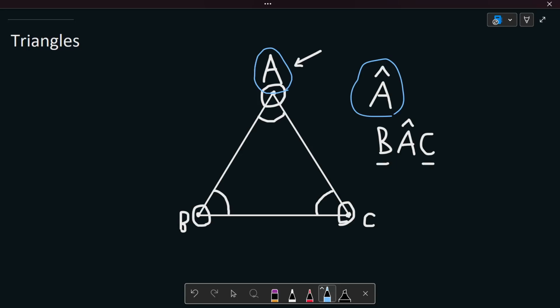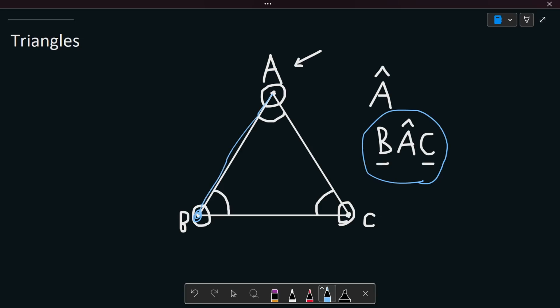But if we're working with this entire angle BAC, that's how we name it, we are talking about going from this point over here all the way to A, and then it stops there, and now it goes all the way to C, and then it stops by C. That is how we name angles.